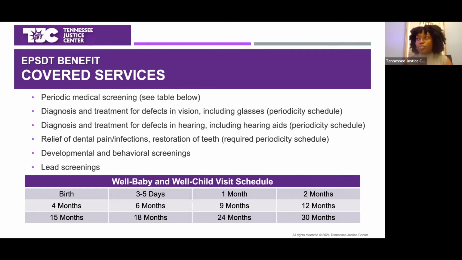EPSDT includes diagnosis tests and treatments for defects in vision, including glasses, hearing, including hearing aids, and relief of dental pain, infections, and restoration of teeth. It also includes developmental and behavioral screenings, mental health therapies, and lead screening. So it's an incredibly comprehensive benefit, and presuming that the service is deemed medically necessary, kids can get a lot of treatment through this benefit.